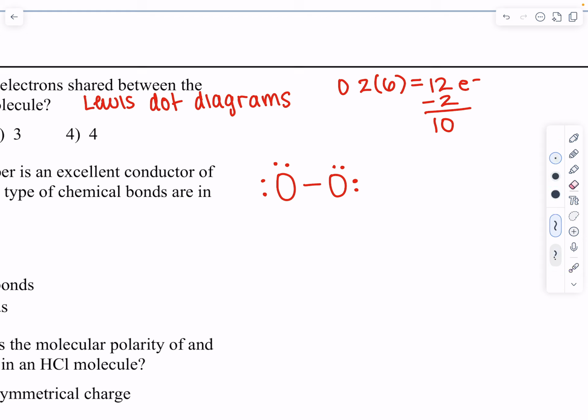They only have 6. So what I can do is take an electron from here and this electron here, and put them together to make a new bond. If I do that, and then I erase these, now let's count again.